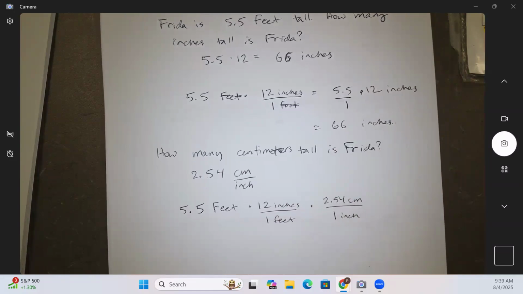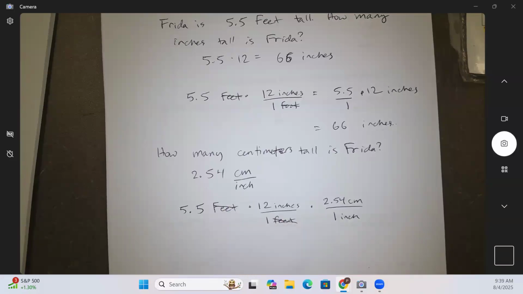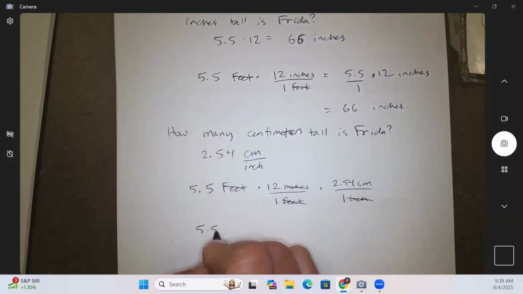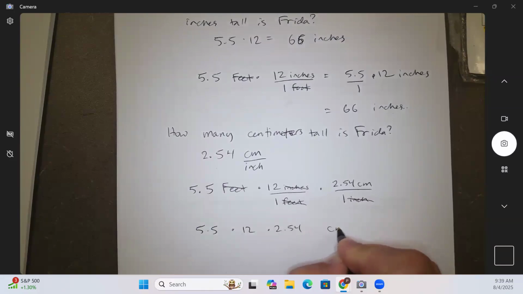And so I just list all those conversion factors out one after the other. And then I start doing some cancellations. Aha, that feet cancels with that feet. That inches cancels with that inches. Leaving me 5.5 times 12 times 2.54 centimeters. That's the units I'm left with.